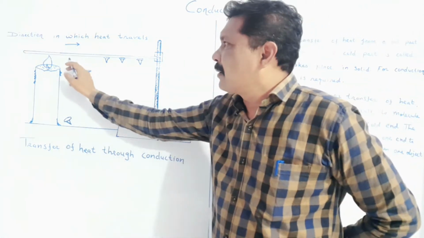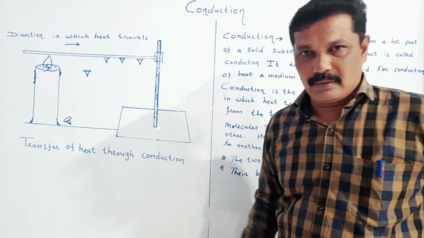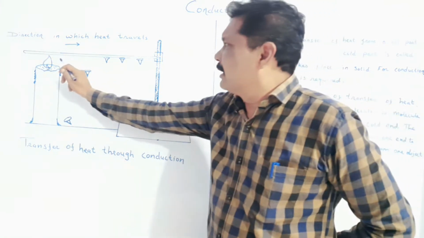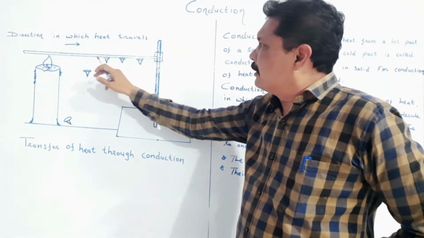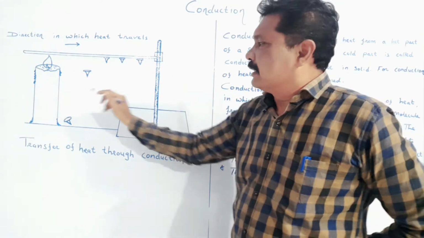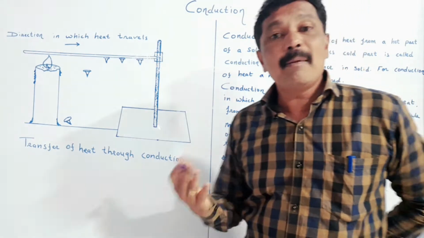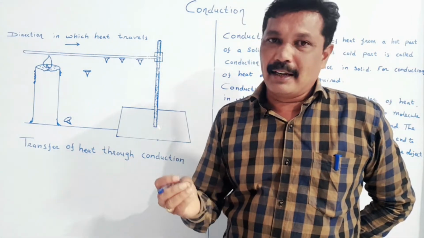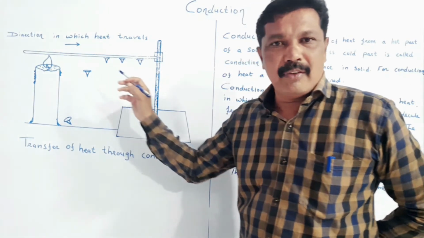This wax melted due to the heat and the thumbtack fell down. Then the heat started moving from the hot end to the cold end in a sequence. Then the heat reached the second thumbtack. What happened? The wax melted and the thumbtack fell down.